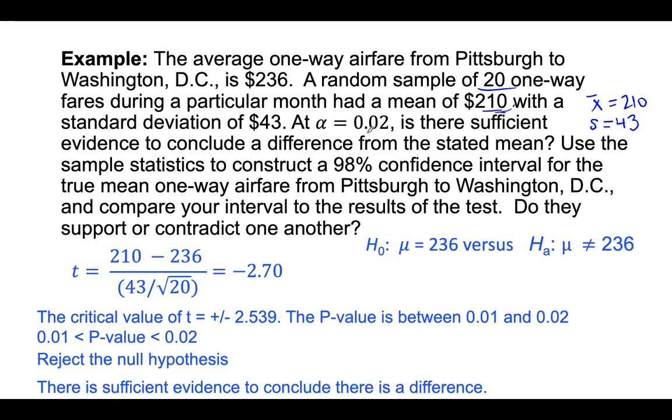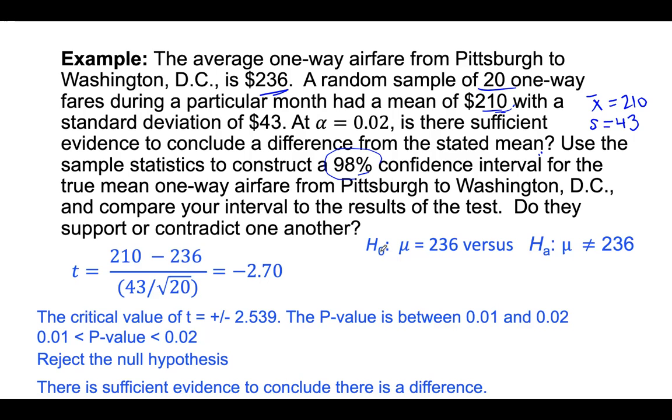At alpha equals 0.02, is there sufficient evidence to conclude a difference from the stated mean of 236? Use the sample statistics to construct a 98% confidence interval for the true mean one-way airfare from Pittsburgh to Washington, and compare your interval to the results of the test. Do they support or contradict each other? So this is what we've previously done.